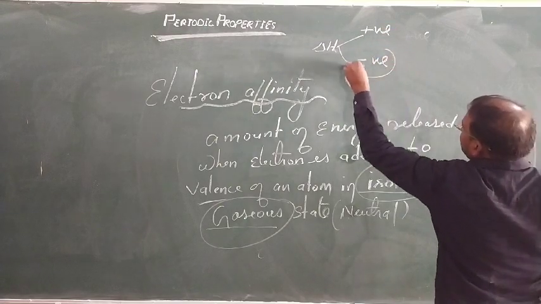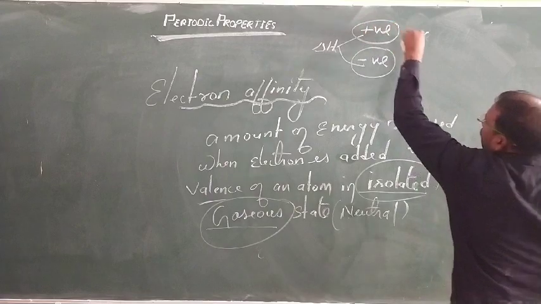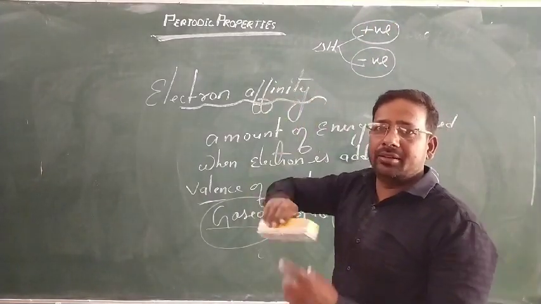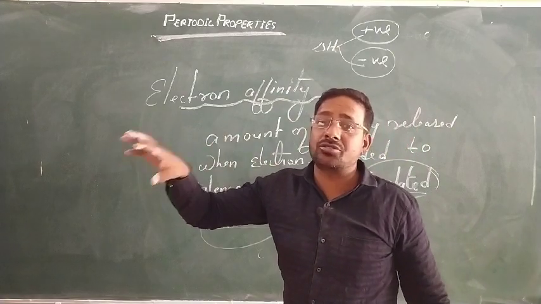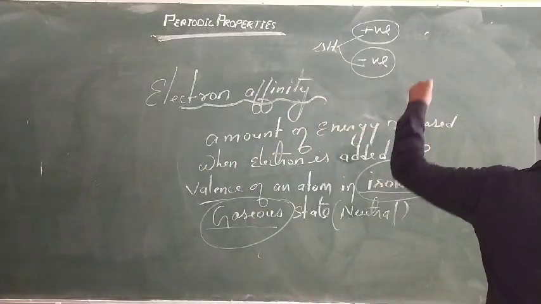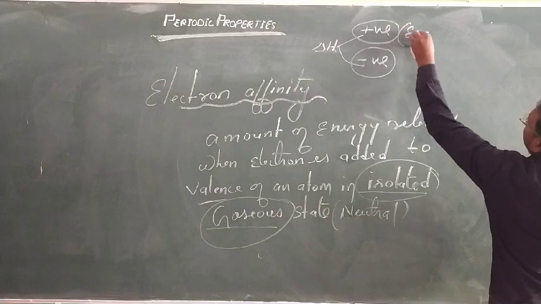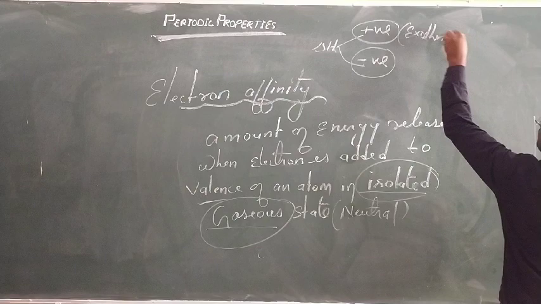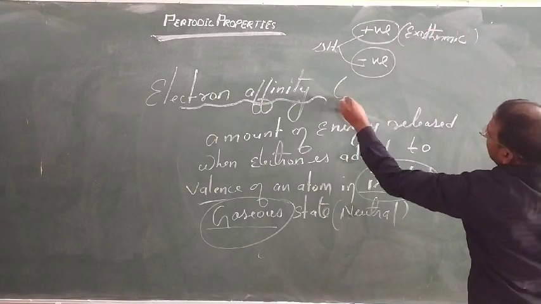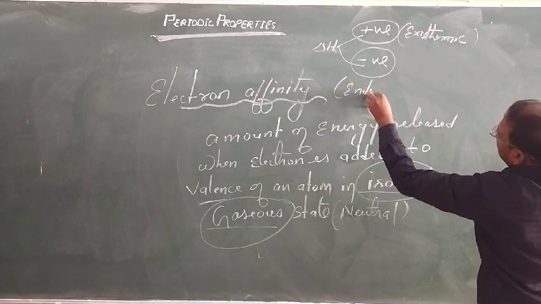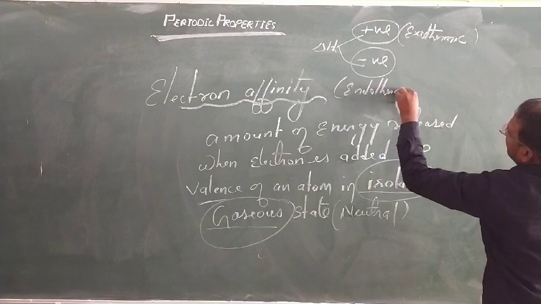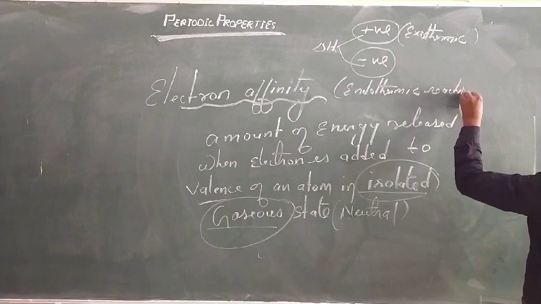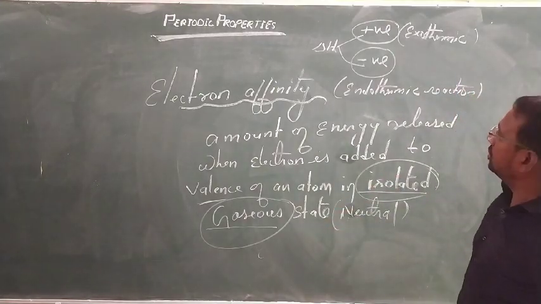Positive means, when we give extra energy, positive in the case of endothermic reaction, and negative in the case of exothermic reaction. We have already discussed this in our last lecture.